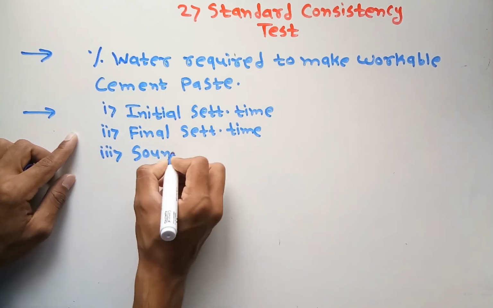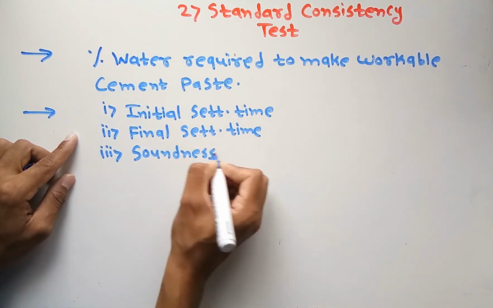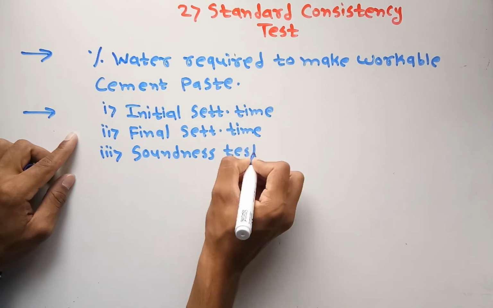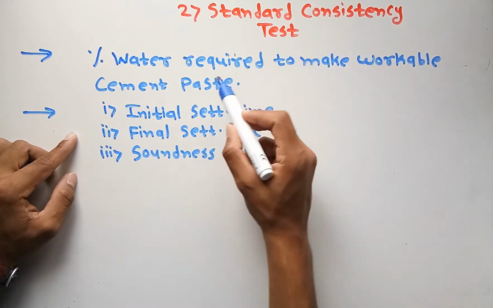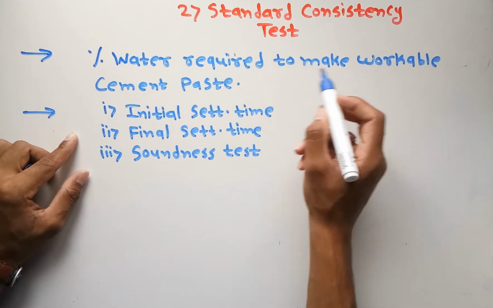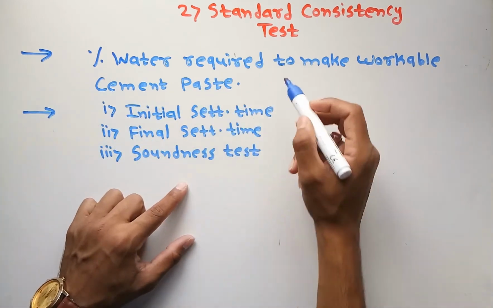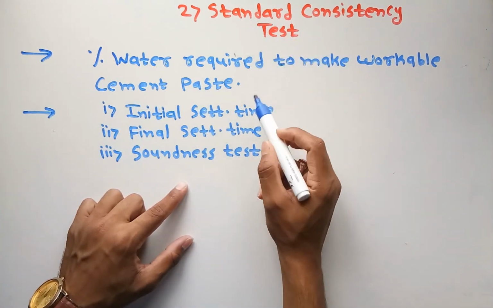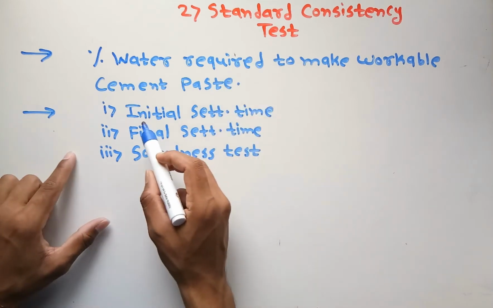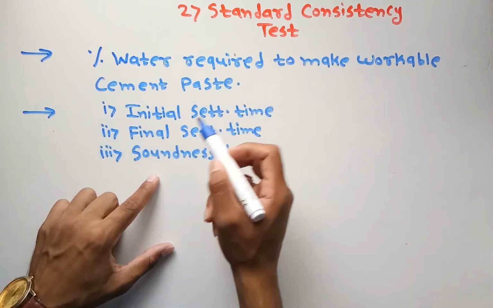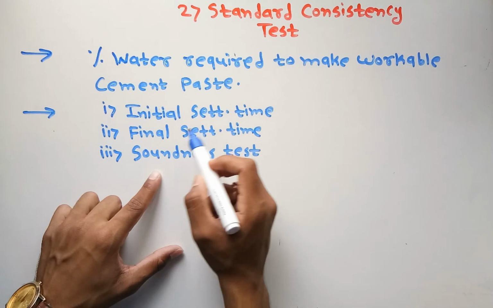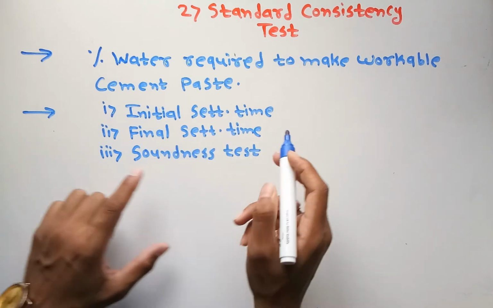So the standard consistency, that is the percentage of water required to make the workable cement paste, has the significance that it can be used for the main procedures we are going to see later on, that is initial setting time, final setting time, and soundness test.